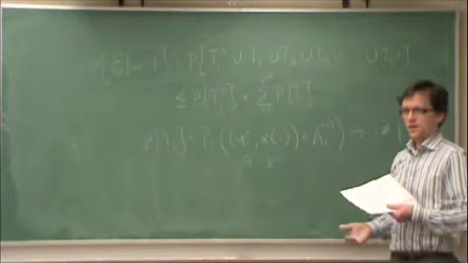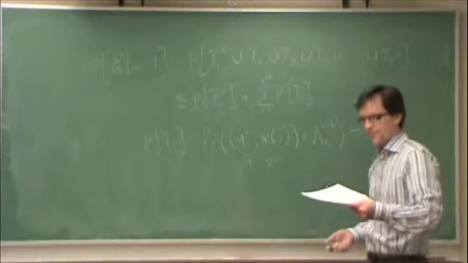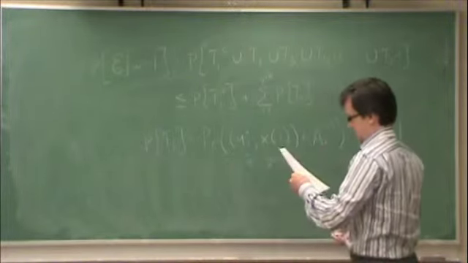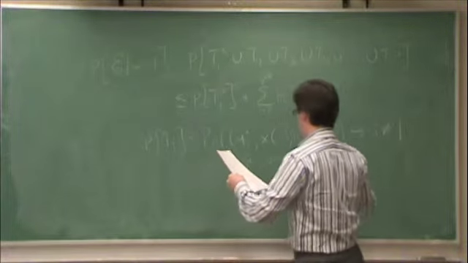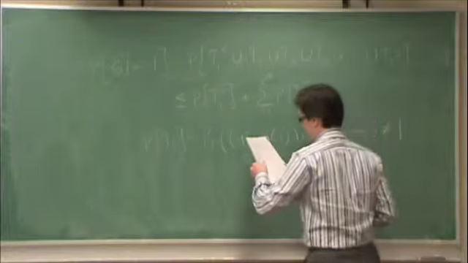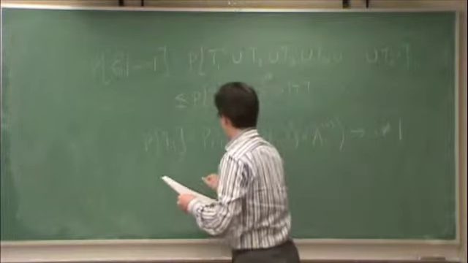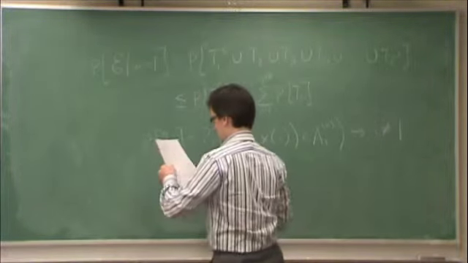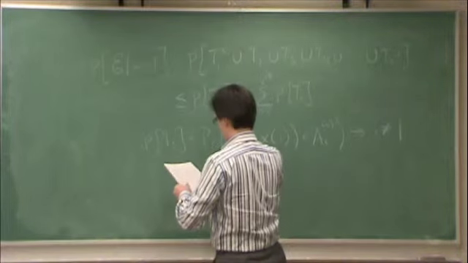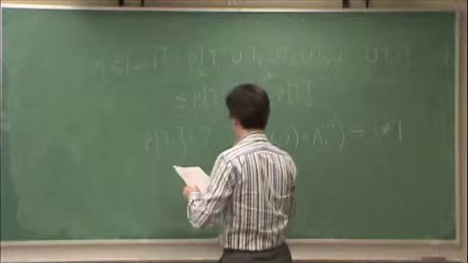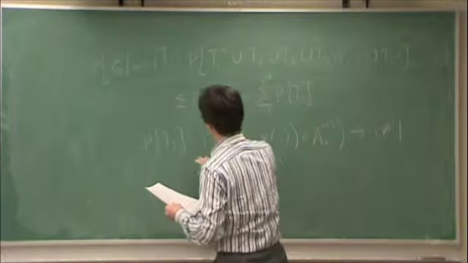It's bounded by the mutual information plus 3 epsilon.